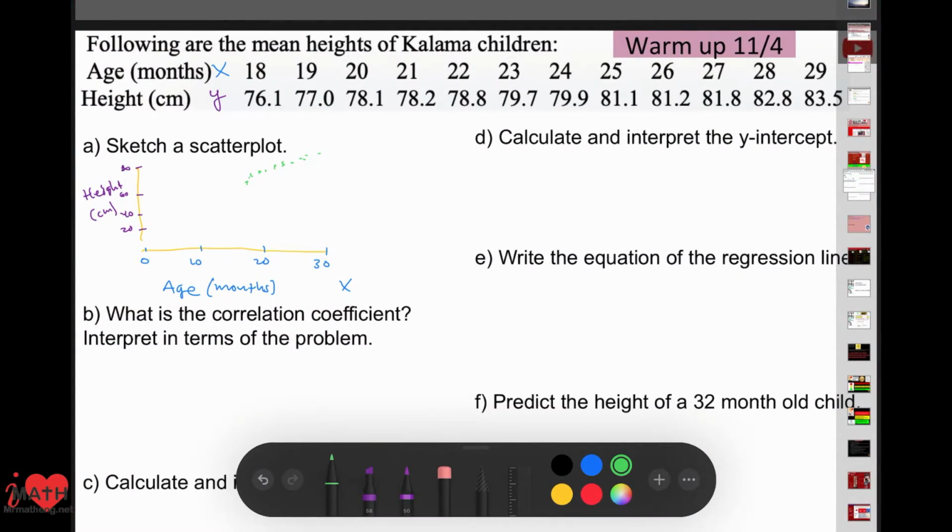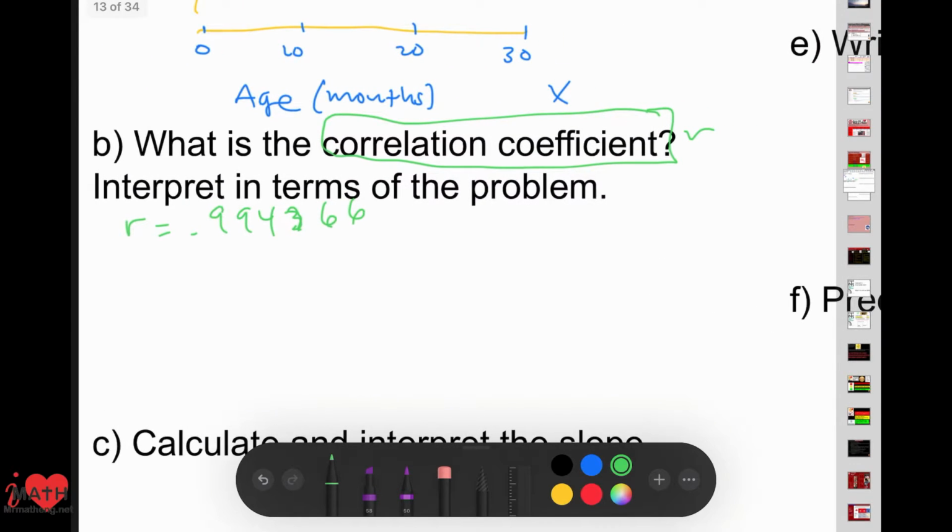What is the correlation coefficient? So that's just basically a big fancy word for R. R is equal to 0.9943. Doesn't matter how many decimals you have, but you should have at least 2 or 3. What does this tell us? Is it positive or negative? Remember, this in some ways is your sign. It is positive.